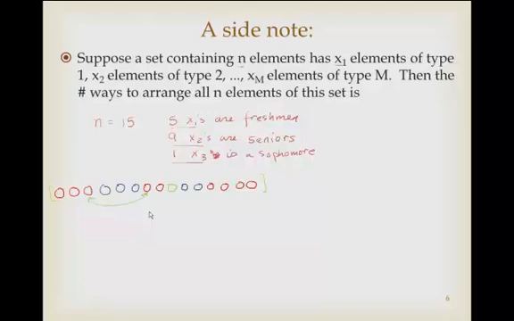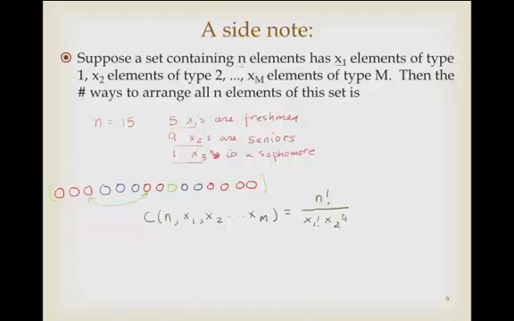We do a combinatorial where we have our total n, and then x1, x2, and all the way out to xm, and that is written like this: n factorial, and we divide out each one of those possibilities.